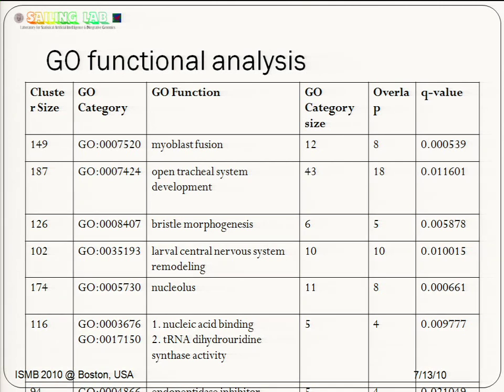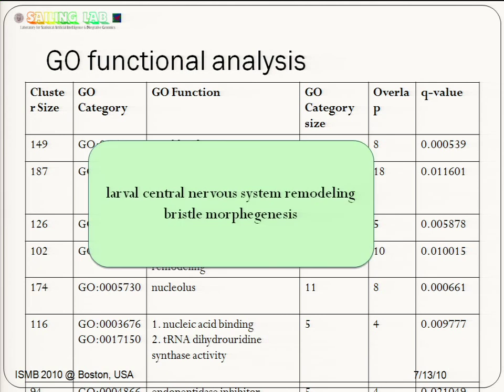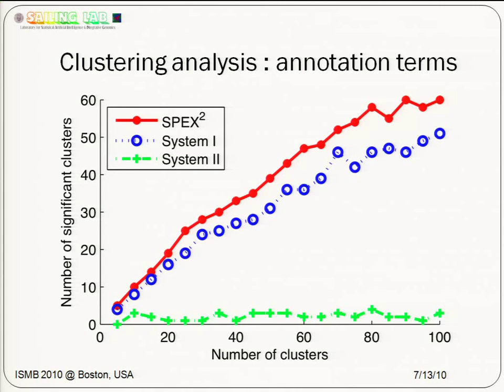We found that 9 terms, related to bristle morphology, were surprisingly clustered, independent of how many clusters we picked.